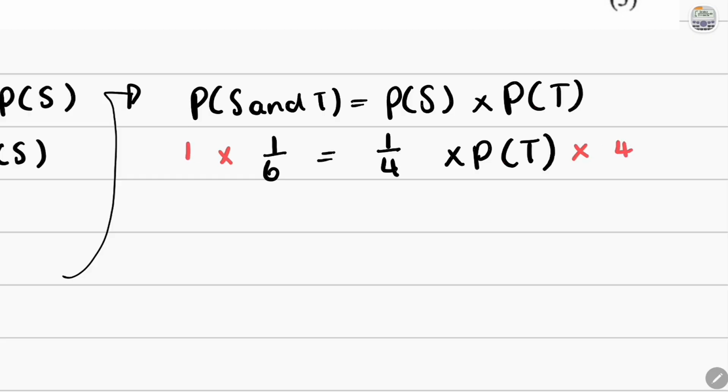So this means that the probability of T is finally equal to 4 over 6, which is 2 over 3. And that is our answer.